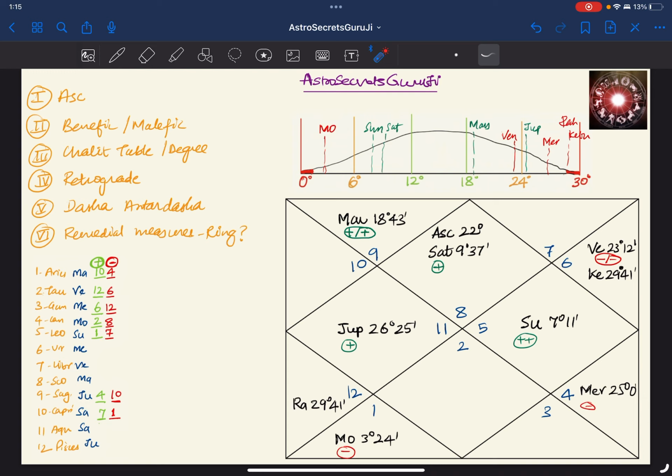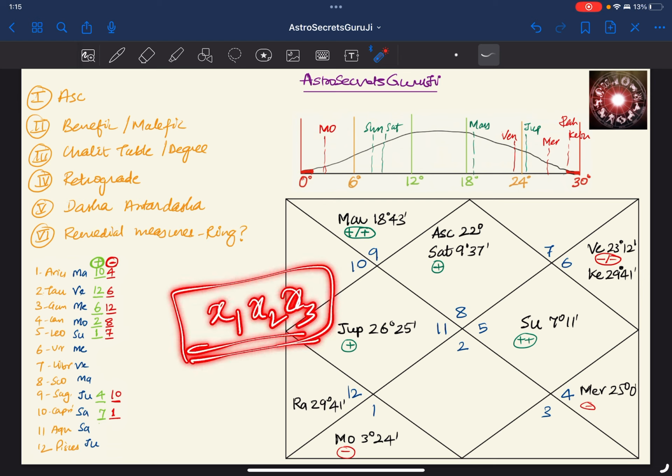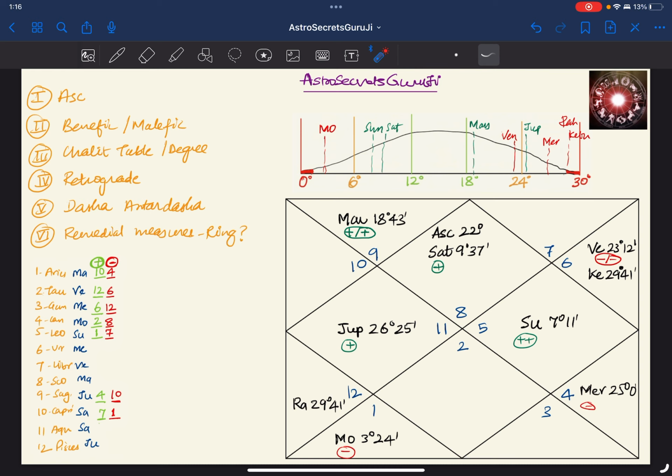The idea behind not considering them is not new, and comes more from the Vedic system, because they have very little impact on our lives, right? You can imagine them as three variables, x1, x2, x3, which have very little impact on the predictive model that we have. That predictive model is basically our kundli, right?